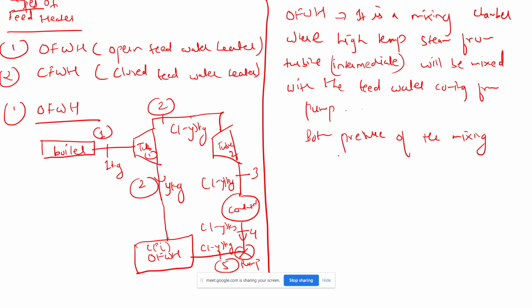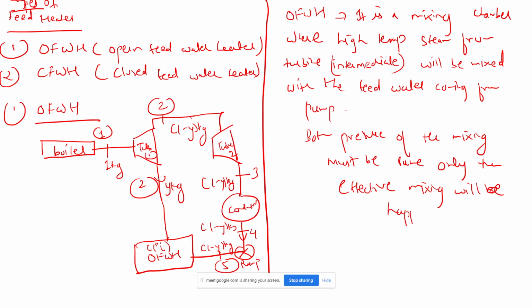Both pressures must be the same, only then effective mixing will happen. That's why we are providing the pump, because the steam coming out of the condenser is at condenser pressure.